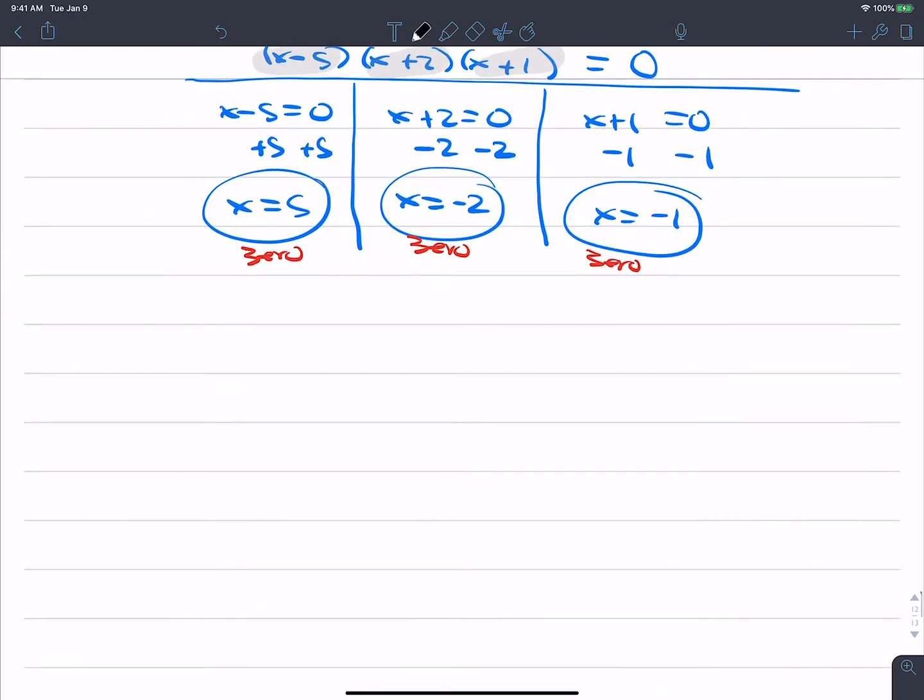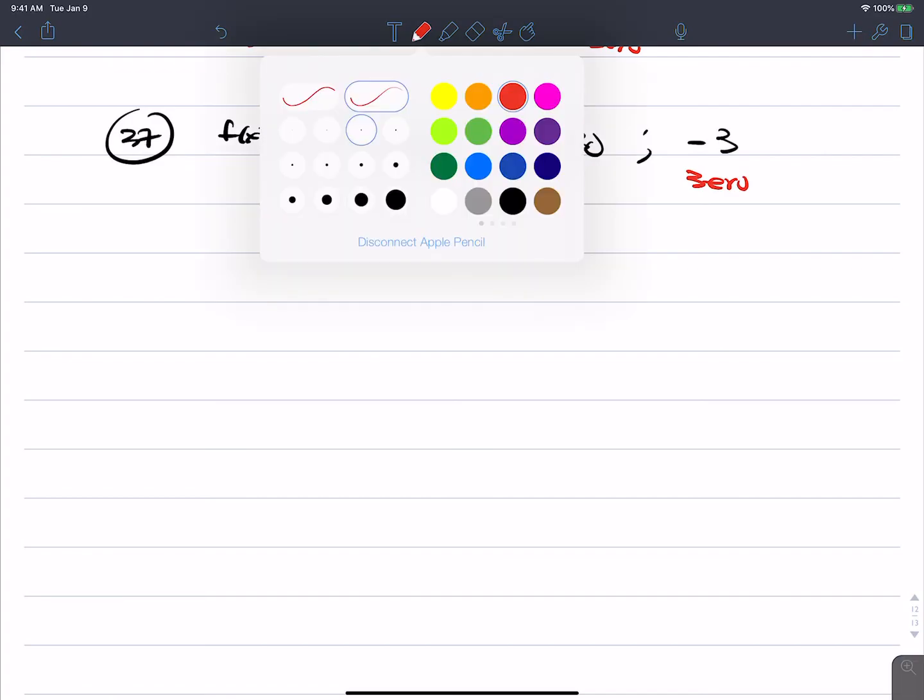37. Our function x cubed plus 6x squared minus x minus 30. Where negative 3 is given, they're telling us that this is a 0.